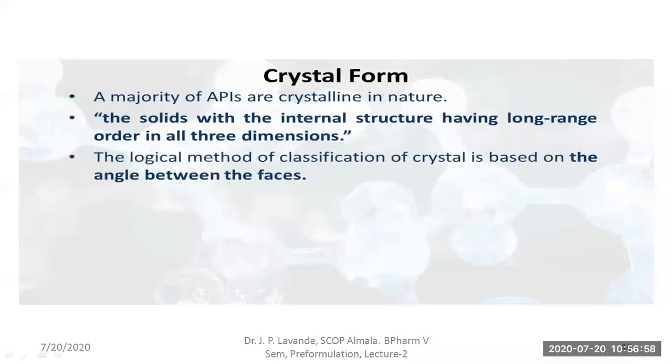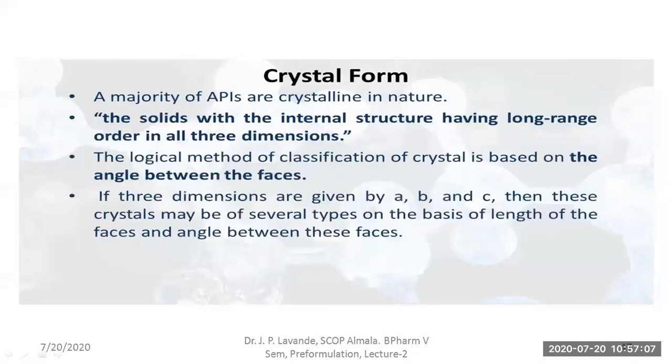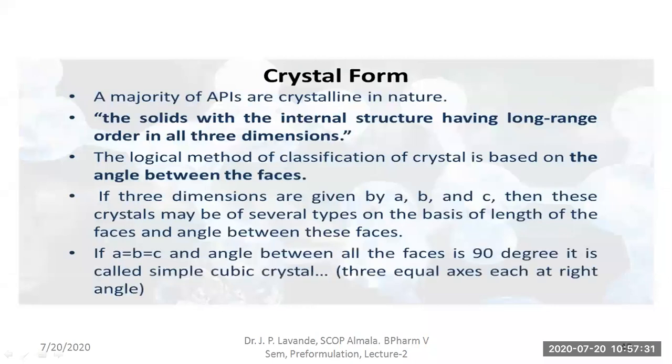The logical method of classification of crystals is based on the angle between the faces. The faces and the angles between them give the different forms of crystals. Let's say the three dimensions are given by a, b, c. Then crystals may be of several types on the basis of the length of the faces and the angle between them.